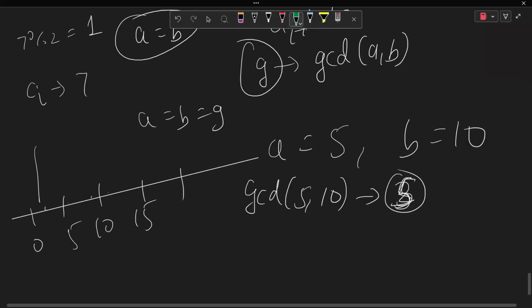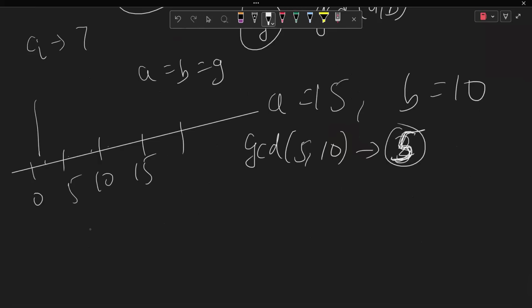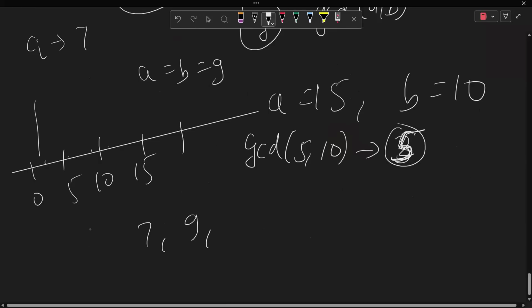Okay. Instead of taking 5, let's say it is 15 and 10. The GCD of 15 and 10 is 5. So you can always do plus 5. How you can do that is, you can take either the sum or the difference and operate on them likewise.